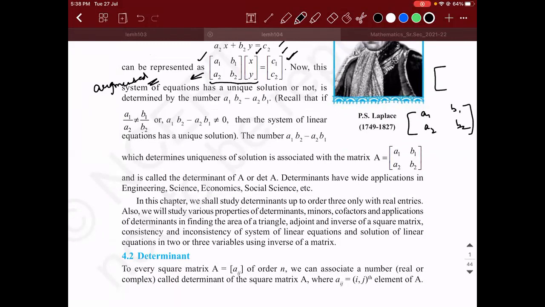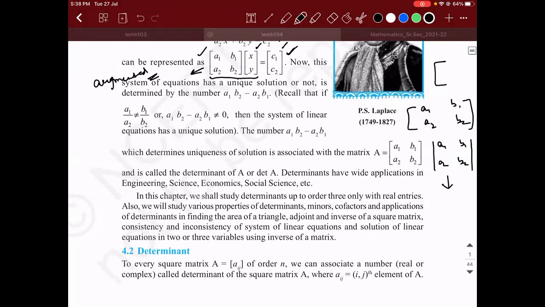If you remove the square bracket and put two vertical lines, a1, b1 and a2, b2, then it becomes the determinant of that matrix, which means cross multiplication of the elements and finding the difference. That is, start from a1 at the top left and go to the bottom right, so a1 multiplied with b2 minus a2 into b1.